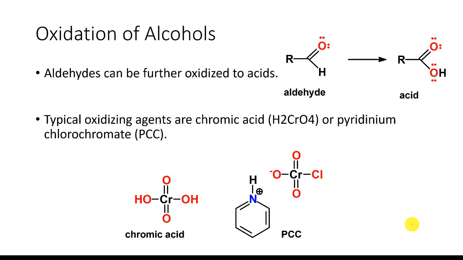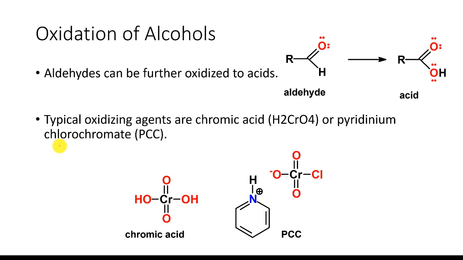Now, there are some common reagents that get used for this process. I'll come back to this top one. One of them is chromic acid, and chromic acid is one of the hard ones to pick out because when you use chromic acid, it can be made in solution a number of different ways.